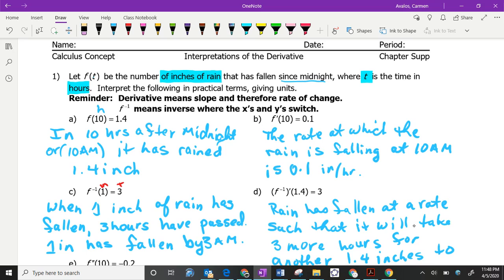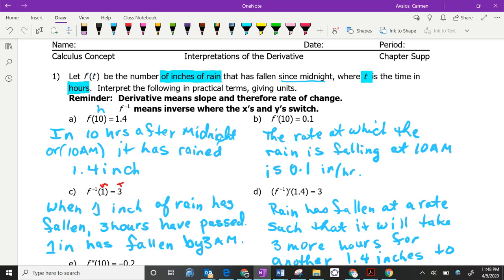It actually took a while, and in this case, 1 hour to actually happen. So the 1.1 inches didn't happen at 10 a.m. It took a whole hour. If it rained at that continuous rate of 1.1 inches per hour, then at 11 a.m., you would have 1.1 inches of rain.